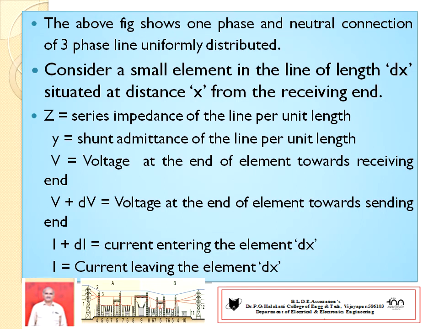Consider a small length in the transmission line of length dx situated at x distance from the receiving end, and also consider the following things. z be the series impedance of the line per unit length, y the shunt admittance of the line per unit length, V be the voltage at the end of the element towards the receiving end, V plus dV the voltage at the end of the element towards the sending end, I plus dI is the current entering the element dx, and capital I is the current leaving the element dx.